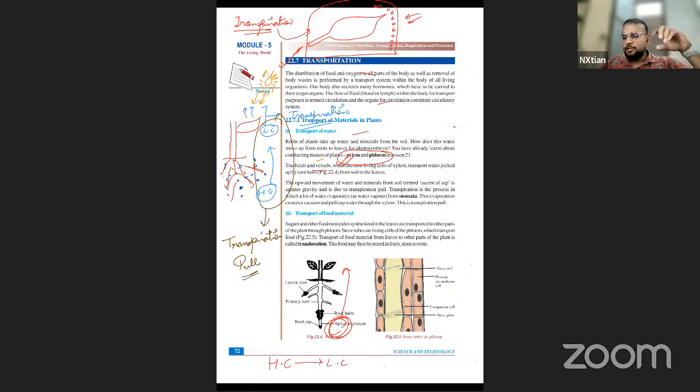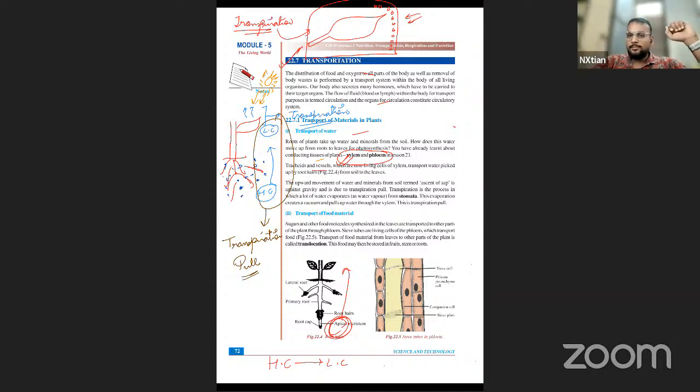Now I will give you a final definition of transpiration pull. It is the process in which water moves from the roots to the leaf of the plant because of the low concentration of water in the leaf, because a transpiration process occurs in it.